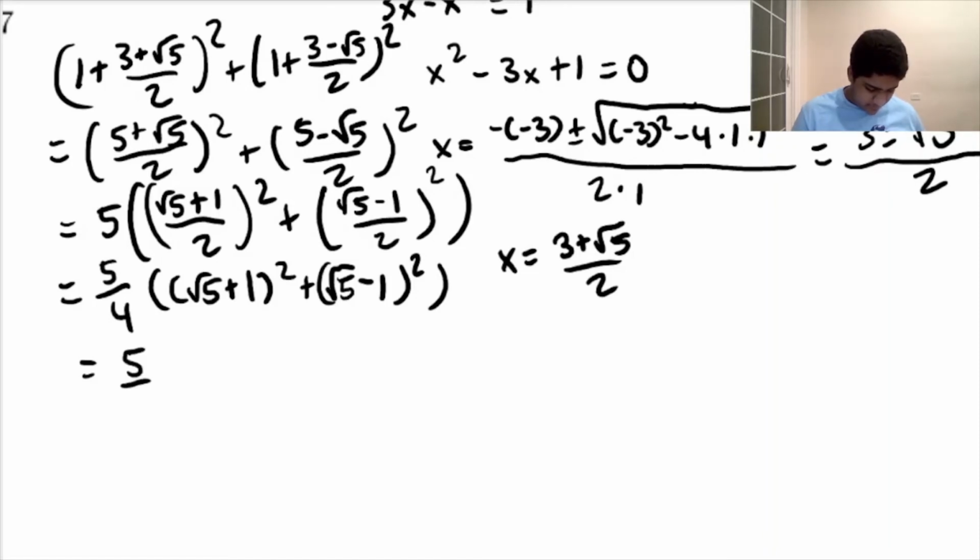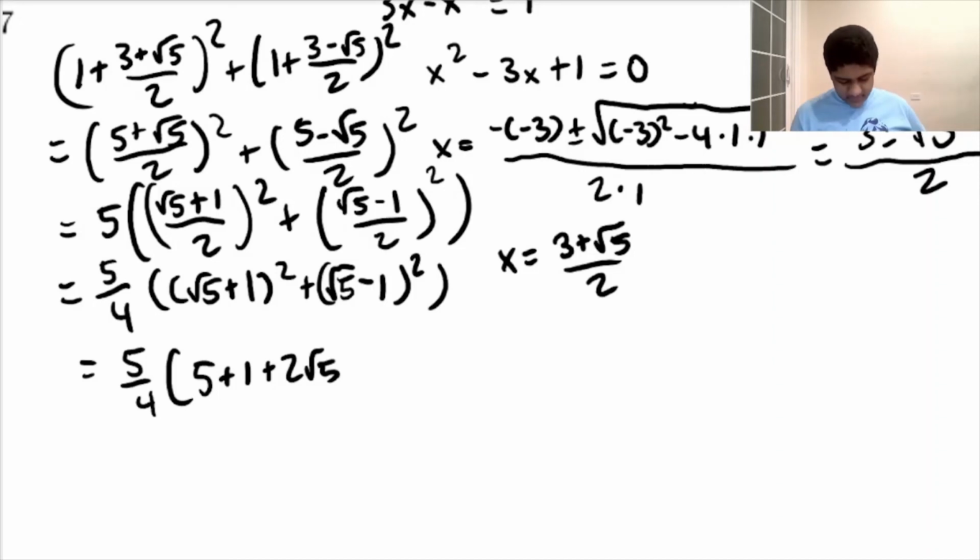This is equal to 5/4 of root 5 plus 1 squared, which is going to be 5 plus 1 plus 2 root 5. Root 5 minus 1 squared is going to be 5 plus 1 minus 2 root 5.